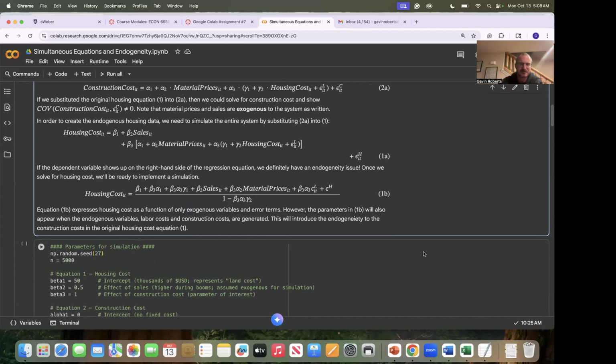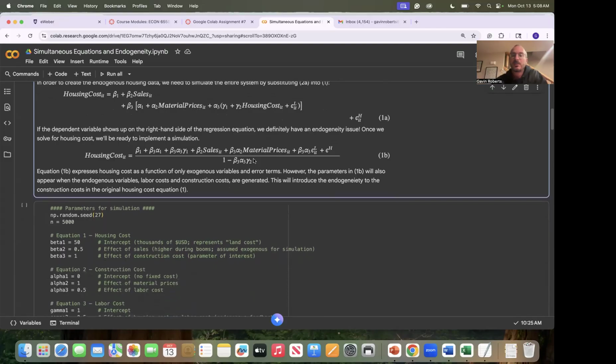Now, finally, we can solve all this for housing cost and make housing cost a function of only exogenous prices. That's important to think about because this is something we need to think about if we're going to actually simulate and understand what's really going on with simultaneity in this system of equations. We have to be very careful about the order with which we simulate data.